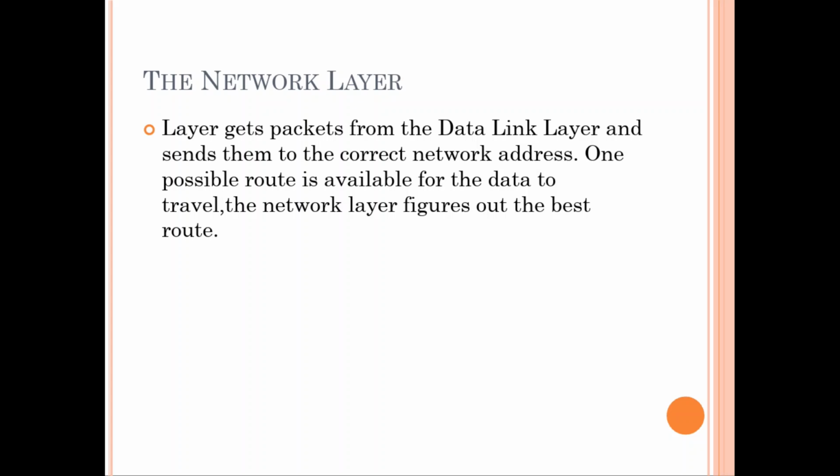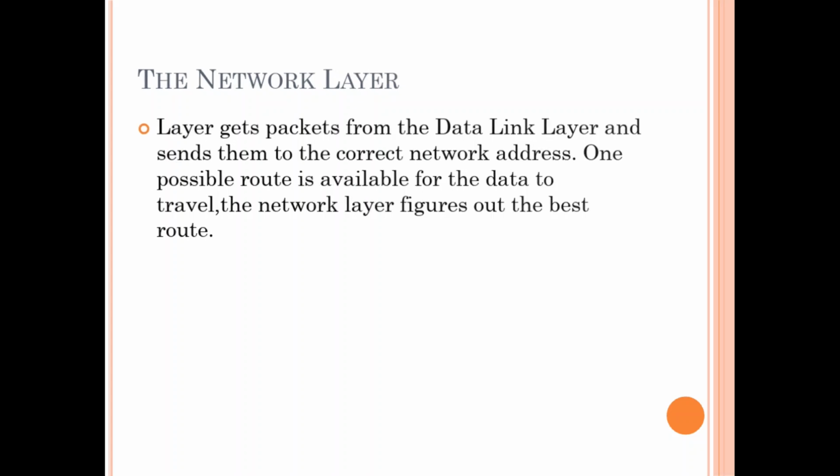Our data being sent to the correct address is the responsibility of the network layer. This layer also ensures that the path followed to reach a destination will be the shortest path.